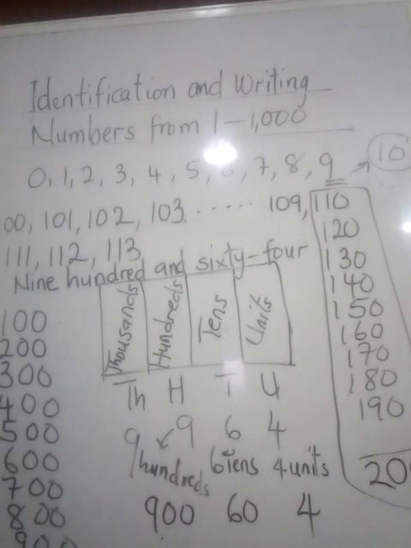If you can get a hang of that 1 to 200, 1 to 500, by the time you get to 500, you have already understood the pattern. You've already seen how it is built and how it grows, it increases, until you get to 1,000. So please, whatever material you can get, keep practicing.